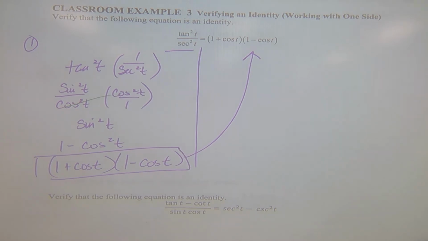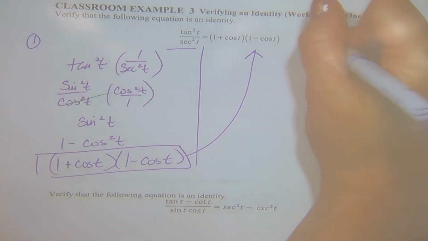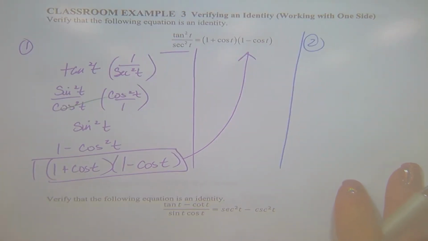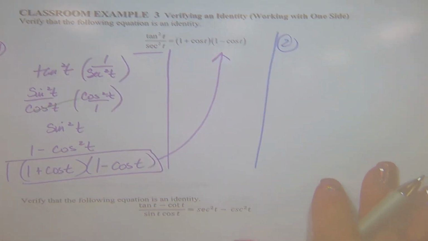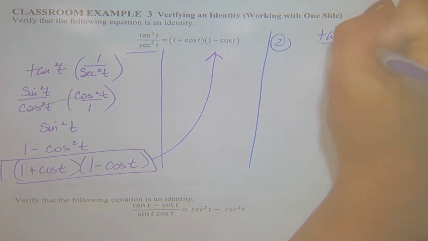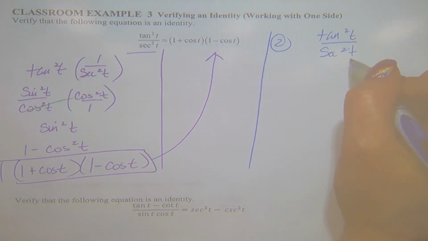Keep your goal in mind as you work. So that's one method. Let's do a second method. We're still going to work down the left, but let's do it a different way. Find a different approach. The left side is tangent square t over secant square t. You know what? These two are tied together with a Pythagorean identity.